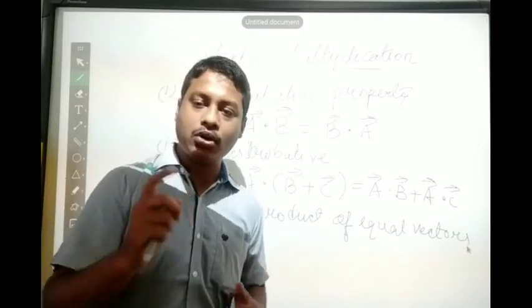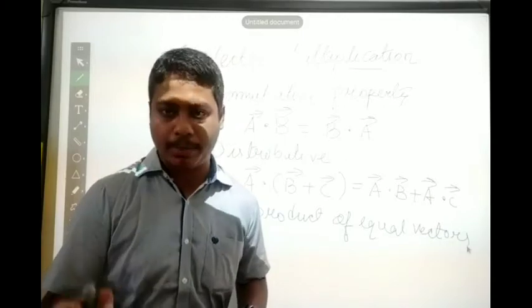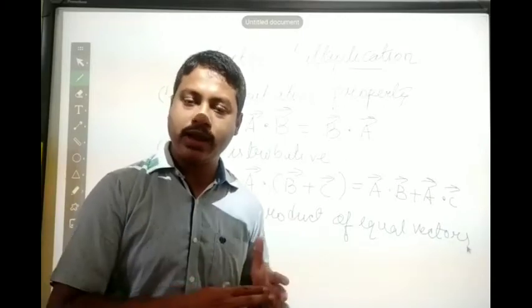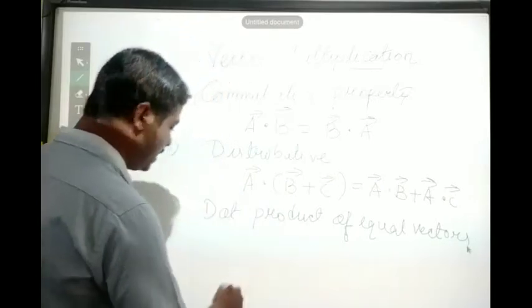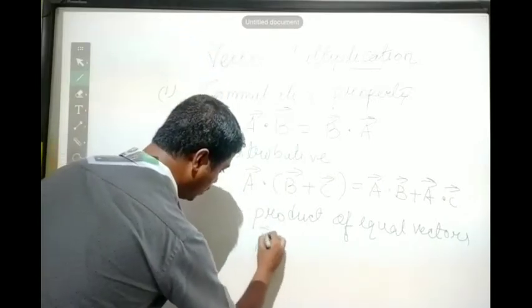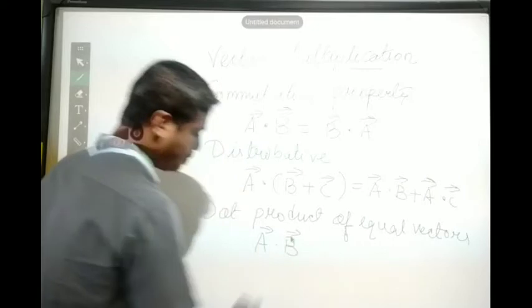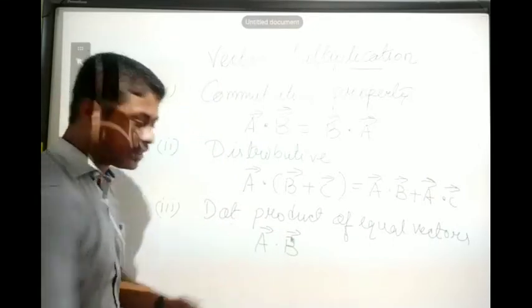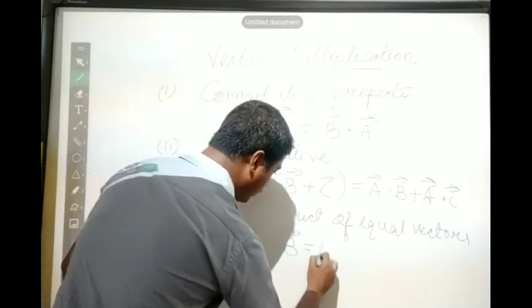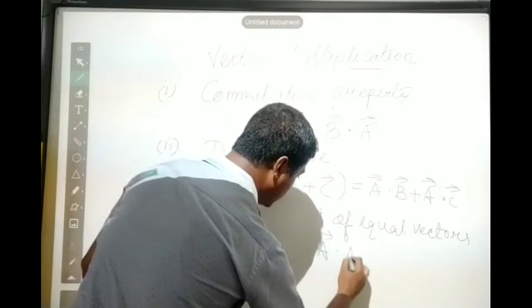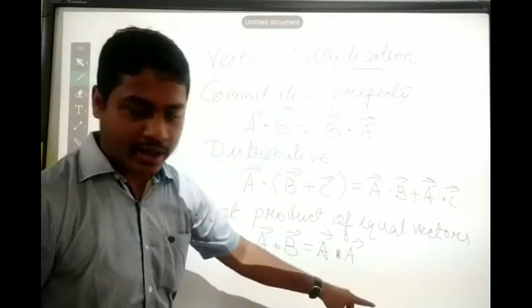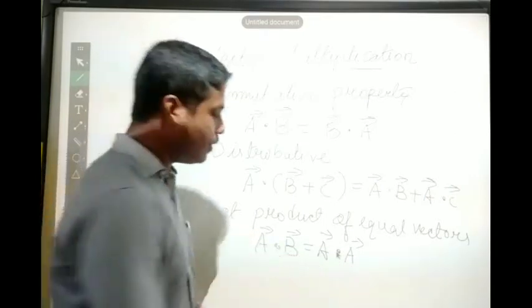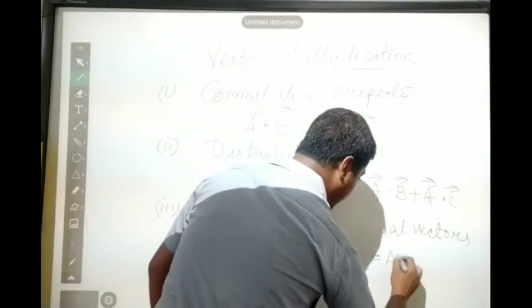Suppose I consider two vectors, vector A and vector B. If they are equal, both the values will be equal. So if I write vector A dot vector B, since both are the same, we can write vector A dot vector A. If I break this, I get A squared cos theta.